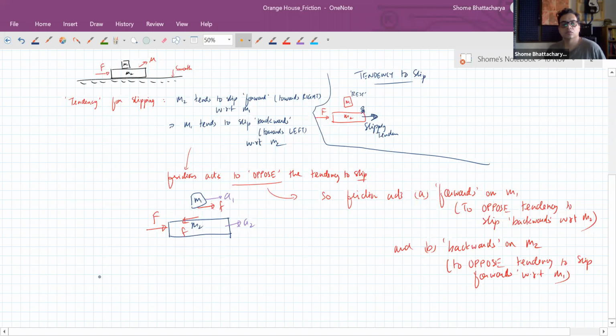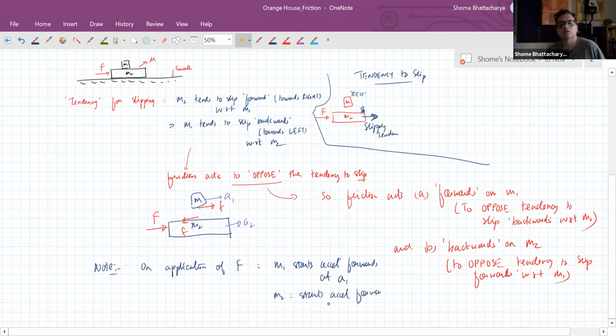So on application of F, M1 starts accelerating forward at A1. M2 starts accelerating forwards at A2. Okay, so just make a note of this, then we'll discuss further.